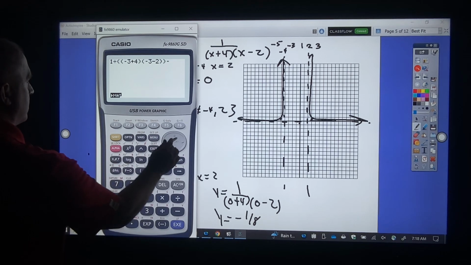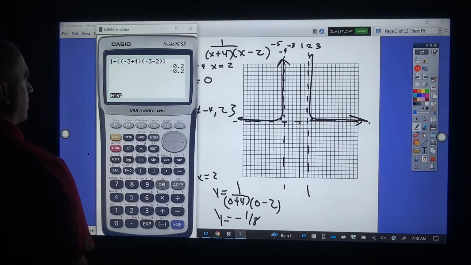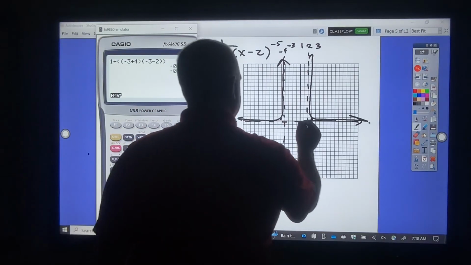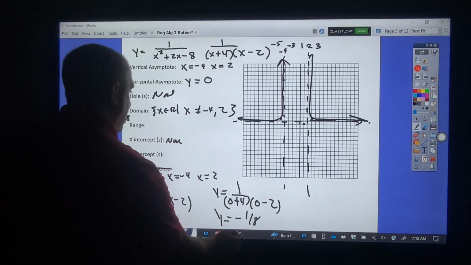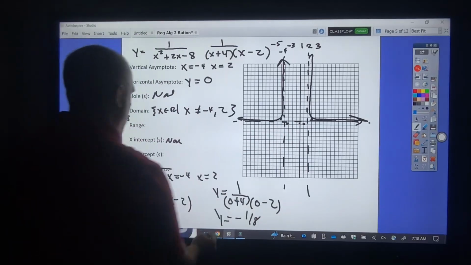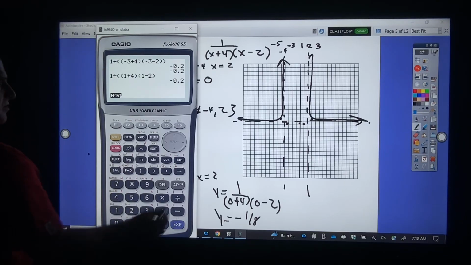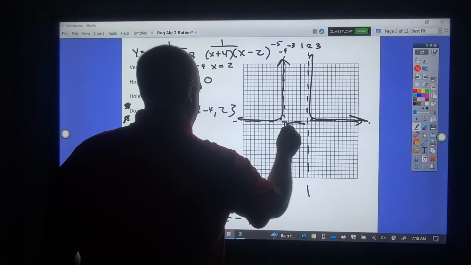All right, that's -0.2. So that's going to be like here, okay? And then if I put, I'm sorry, that's here. Then if I put 1 in there, I also get -0.2. So here's what this does. This does this.